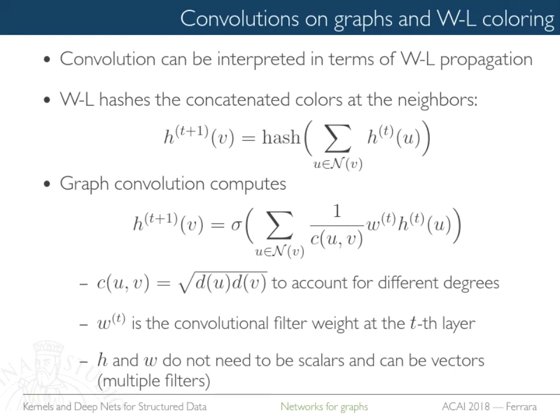Okay. What is C? C is there because one node may have 2 neighbors while another node has 2,000 neighbors. Obviously, when you sum, it makes a difference, right? So it's like trying to get a stochastic matrix to some extent, where you normalize, right?